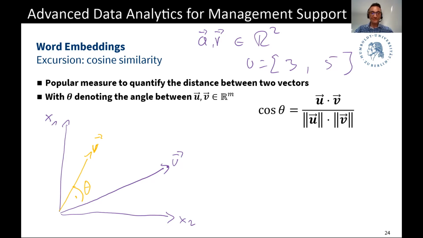And this measure is used a lot in text analysis, where we think of it as the cosine similarity between two word vectors. The larger this angle, the more dissimilar two word vectors are, and the smaller that angle, the more similar they are. That's just a way to measure similarity.